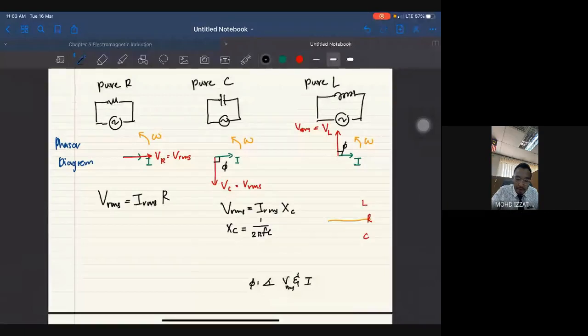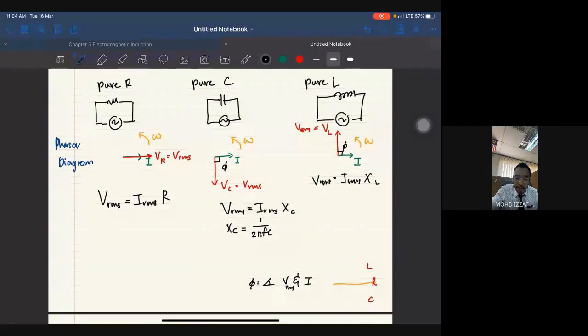Okay, for this one, for pure L, boleh buat kat sini. Okay, if I were to write V RMS, maknanya dia mestilah I RMS XL, reactive inductance. So the XL is equal to 2 pi FL.